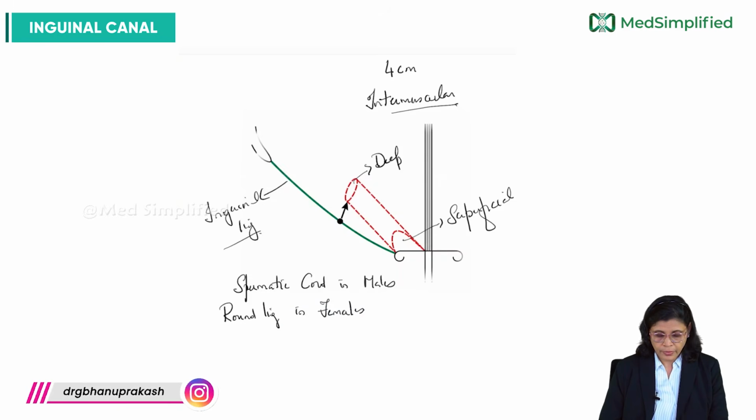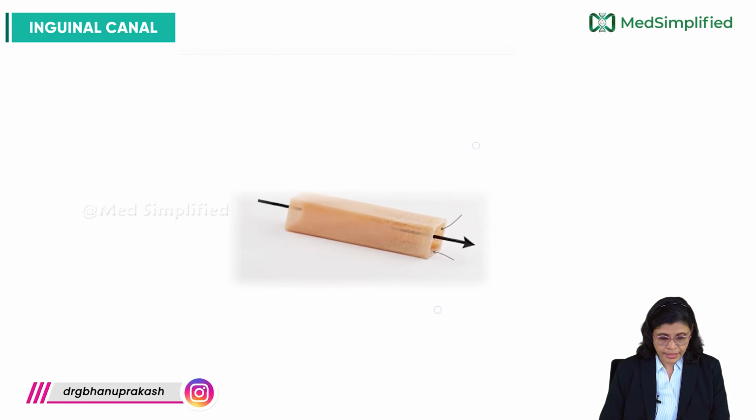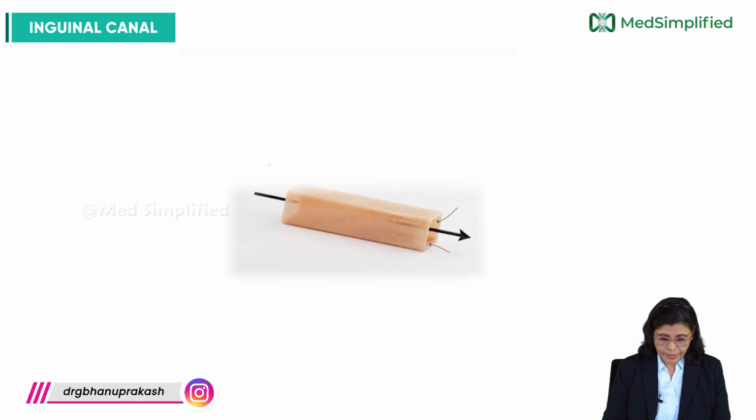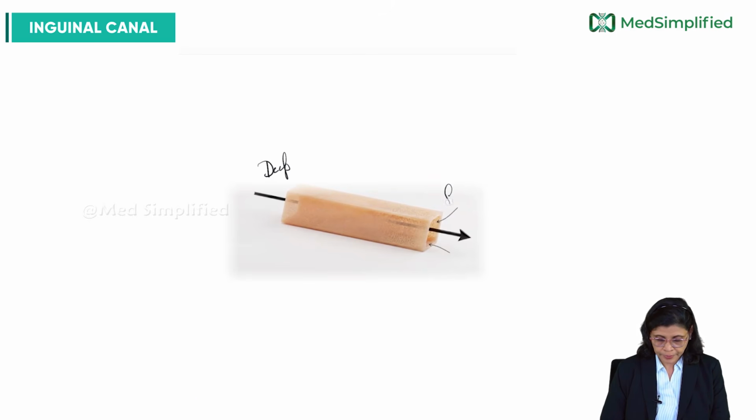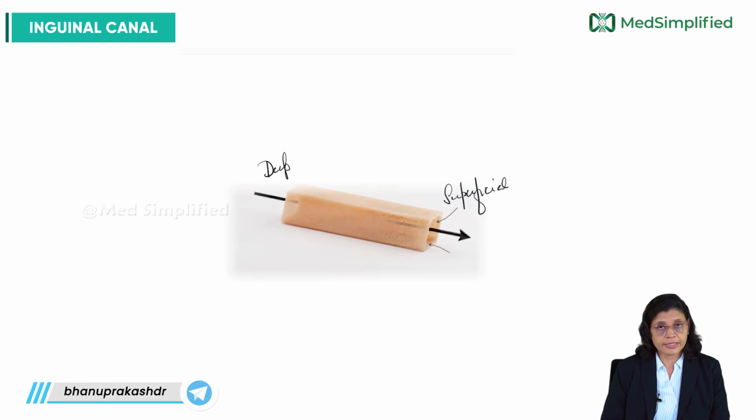So, this inguinal canal, when we see, it extends from the deep inguinal ring up to the superficial inguinal ring. So, what we have to know is this deep inguinal ring is in the fascia transversalis.